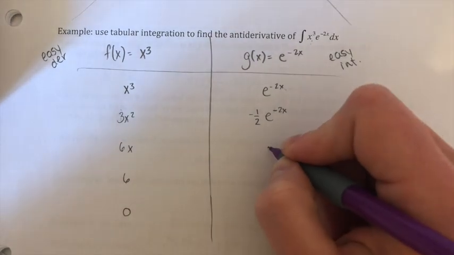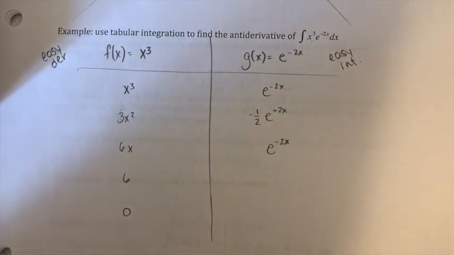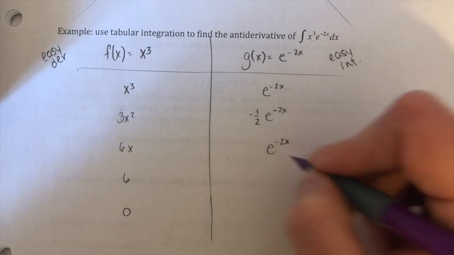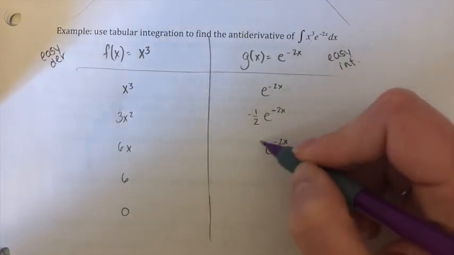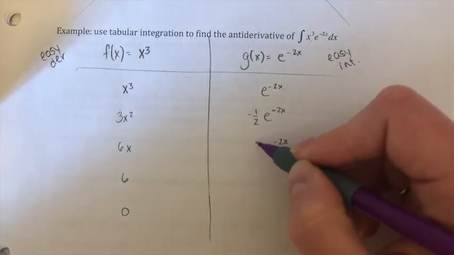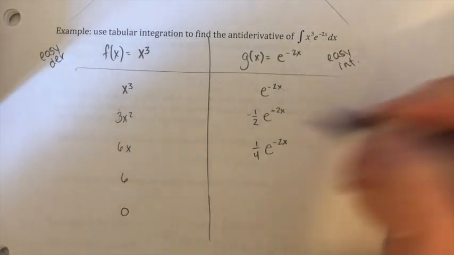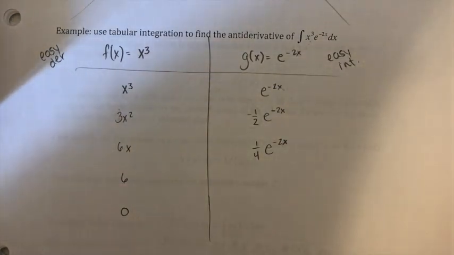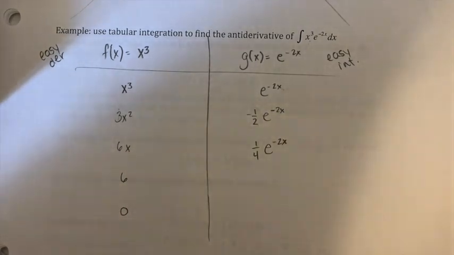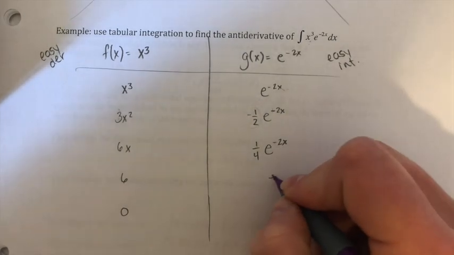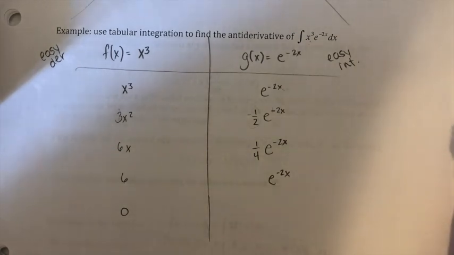Okay, so then same deal, e to the negative 2x is the easy part, and then we'd have to think about what would have to be here multiplying with this one to give us this as the derivative? That would be a 1/4, because 1/4 times negative 2 would give us back negative 1/2. And then e to the negative 2x again.